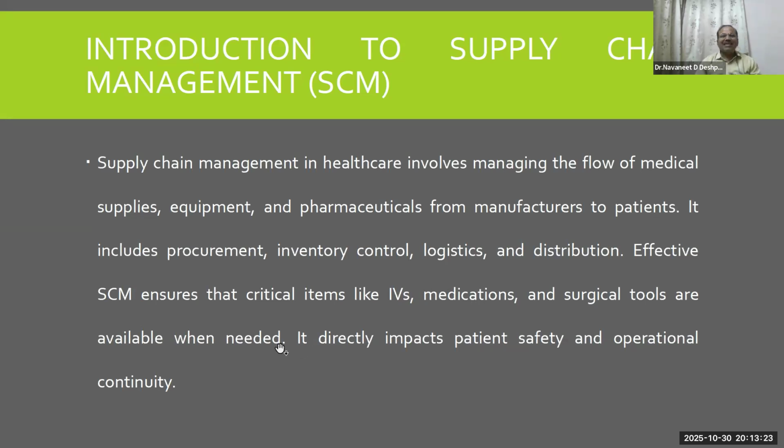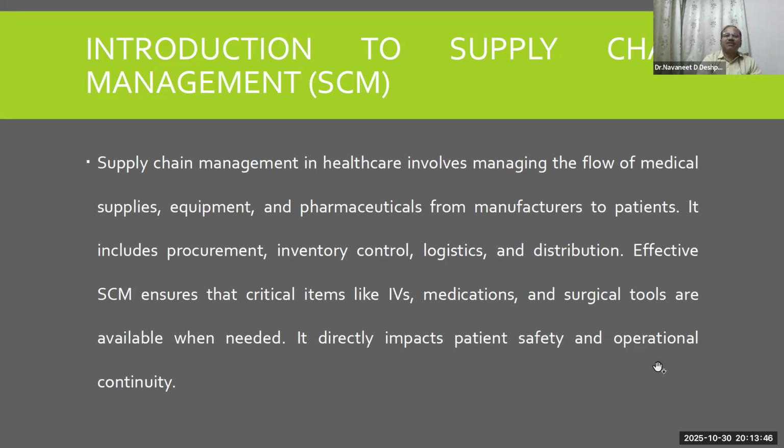To make it available is the biggest challenge, because it's not readily available unless you know the demand, and accurate forecasting is required in order to know the demand properly. And once it is there, from the nearest point, you should transfer it from point A to the hospital. So it directly impacts patient safety, because it's something which is always required suddenly. For example, somebody calls, they want blood. If you have a blood bank, then you can go and check.